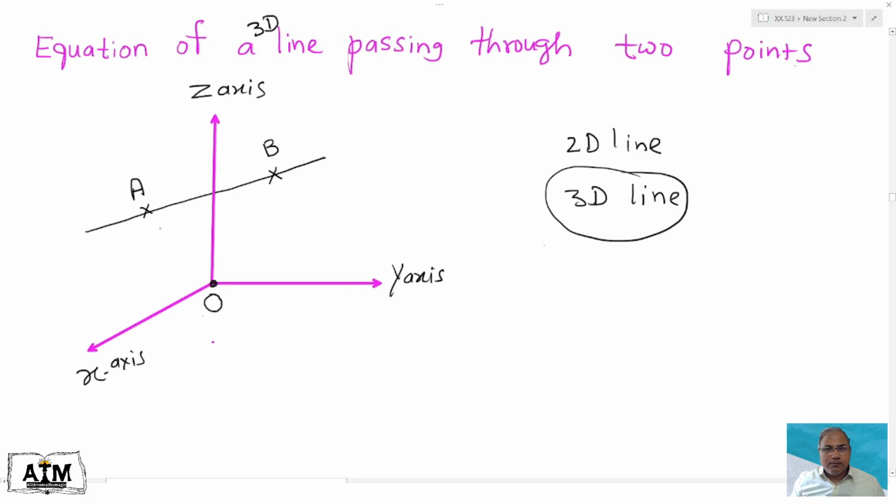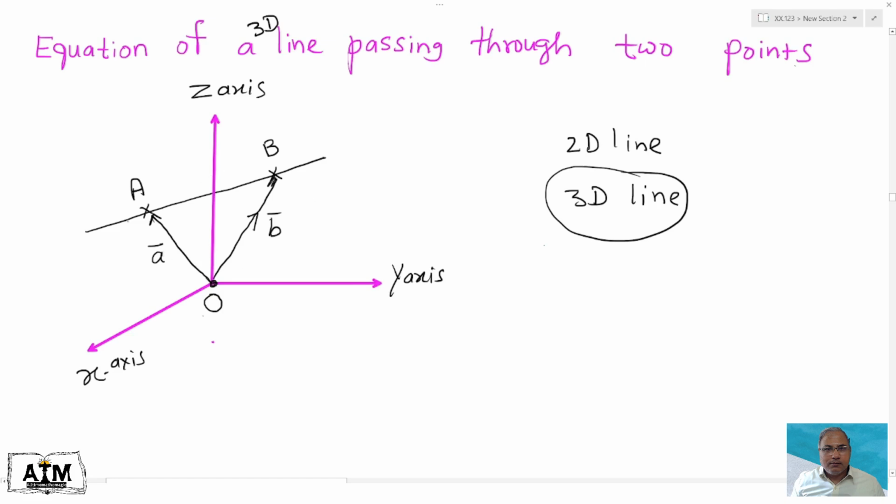Now join the origin with point A and point B, and let us call their position vectors. The position vector of point A is vector A and the position vector of point B is vector B.